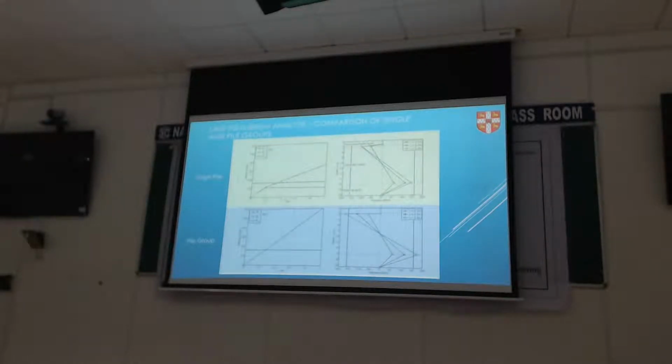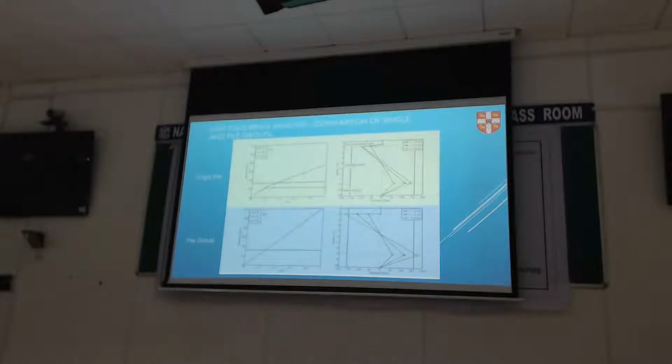Whereas the variation in the piles with depth follows a similar trend, but you can see the magnitudes are quite different. And that's because when I'm asking a pile group to bend, you will have the front piles and the back piles helping you to take the moment.